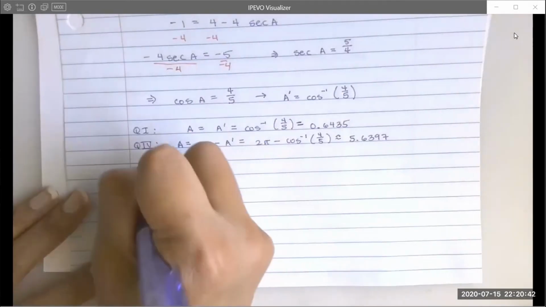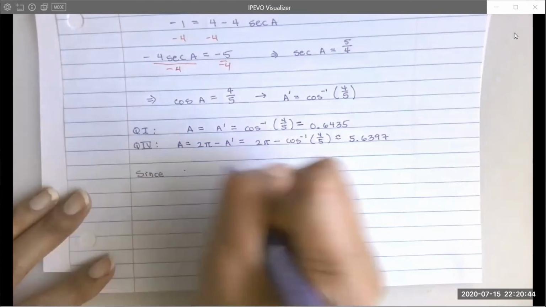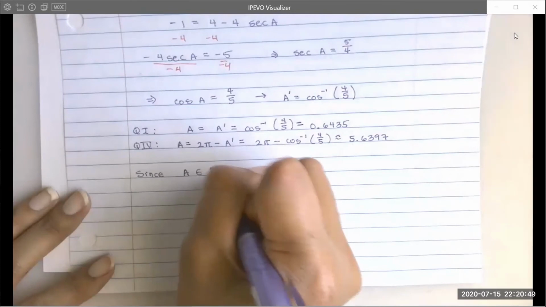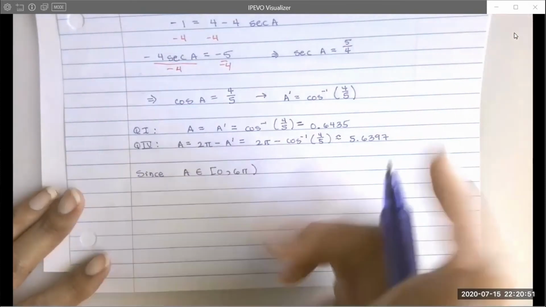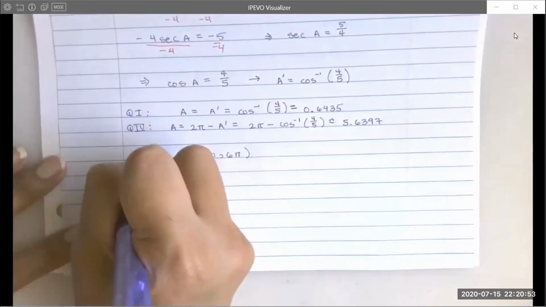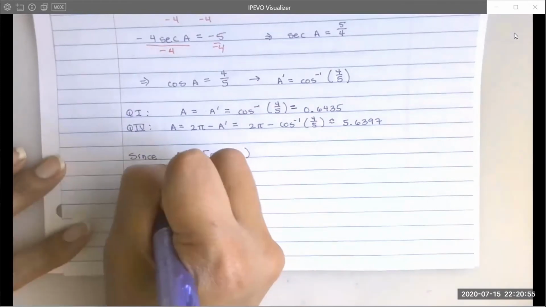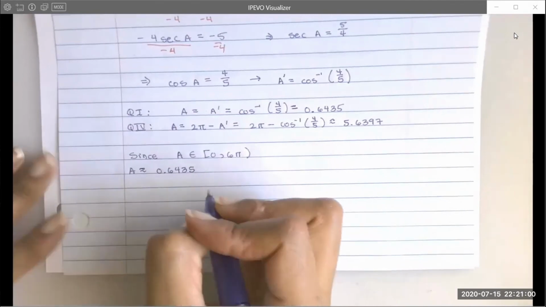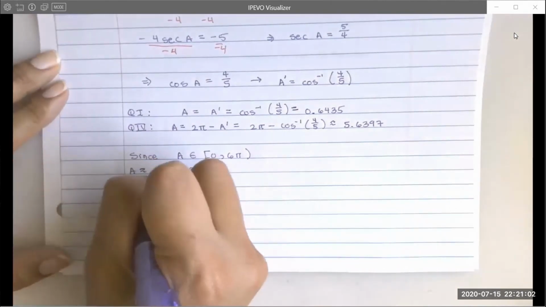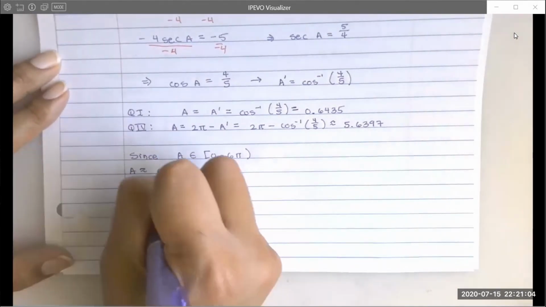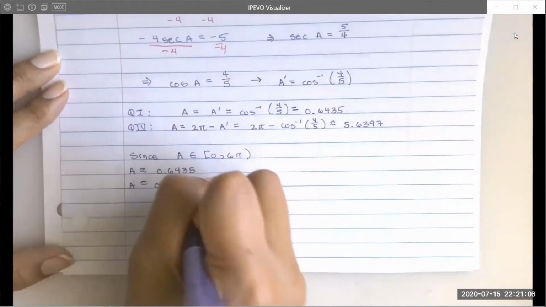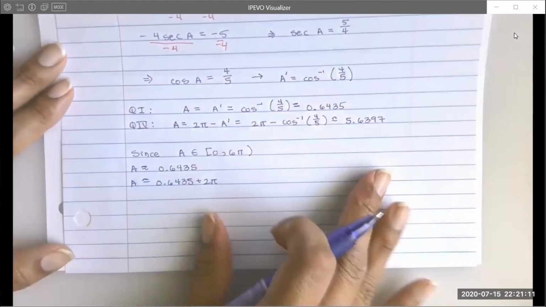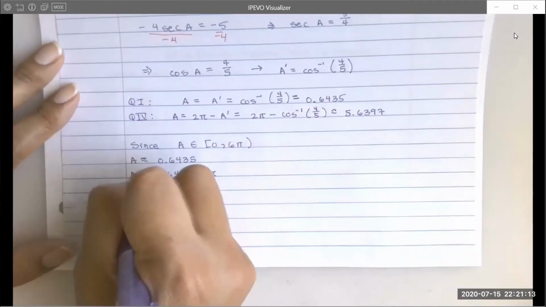So let me actually write that down. Since A is in the range of 0 to 6 pi, we have one angle being approximately 0.6435, but then we also have 2 pi plus that, and we also have 4 pi plus that.